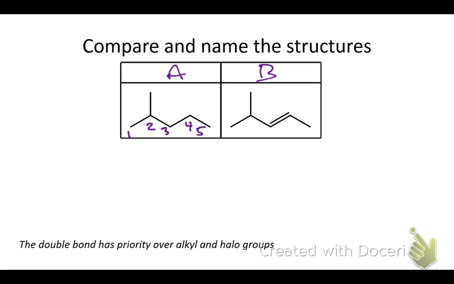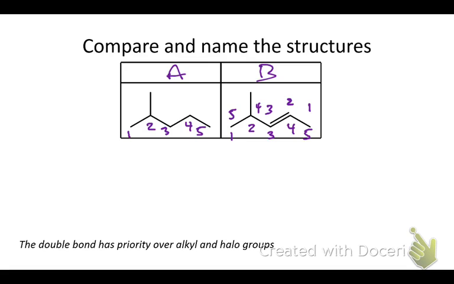Double bond takes priority. There are 2 ways to number this, okay? I can go like this, 1, 2, 3, 4, 5, or I could go 1, 2, 3, 4, 5. Which gives the alkene the lowest number? 2, right? It's going from right to left.